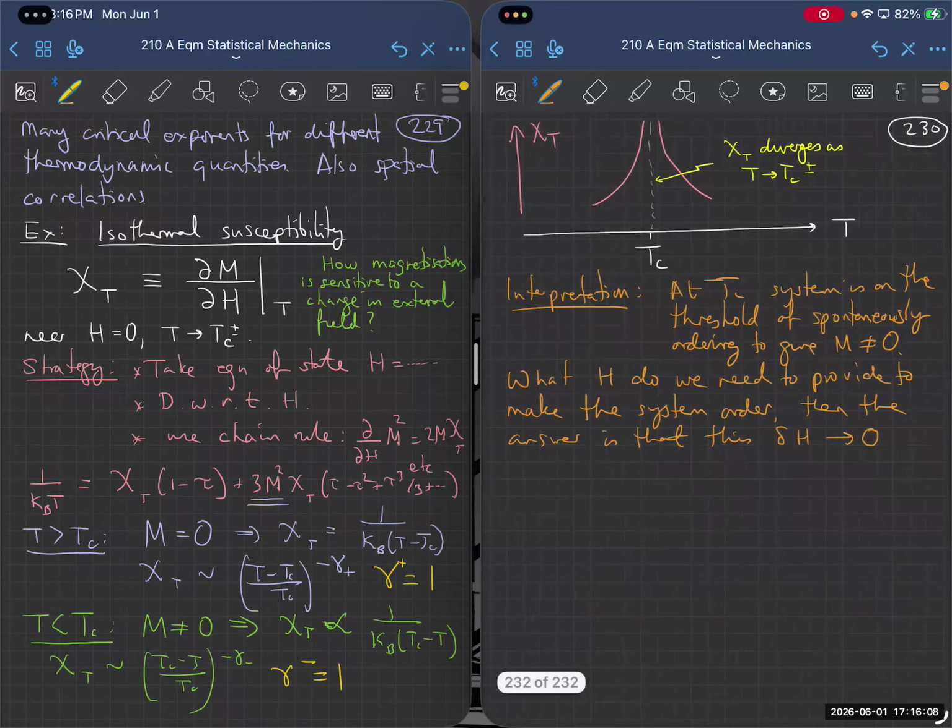In other words, if the system is virtually unstable already, the amount of field you need to provide in order to make it align is tiny. And since the susceptibility is delta M over delta H in practice, and delta H is going to 0, then that implies that chi is going to infinity. And that's the physical meaning of this divergent susceptibility.